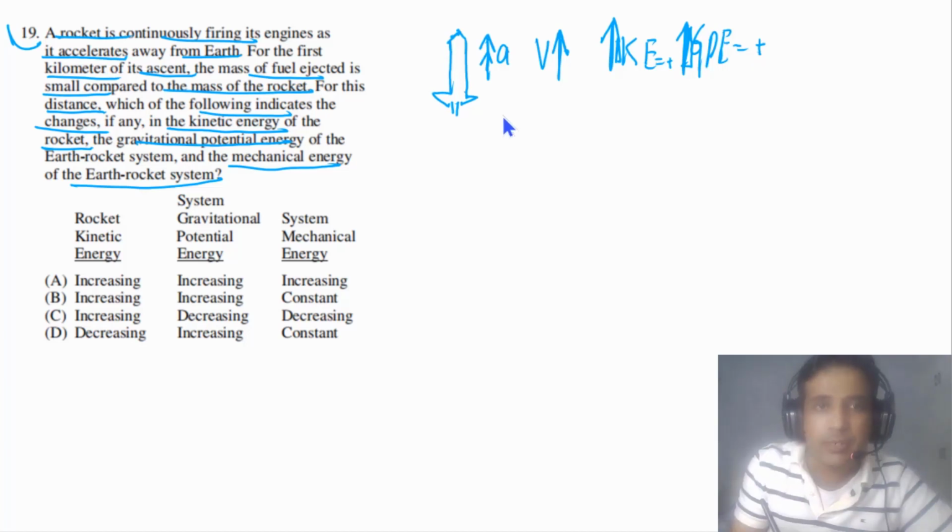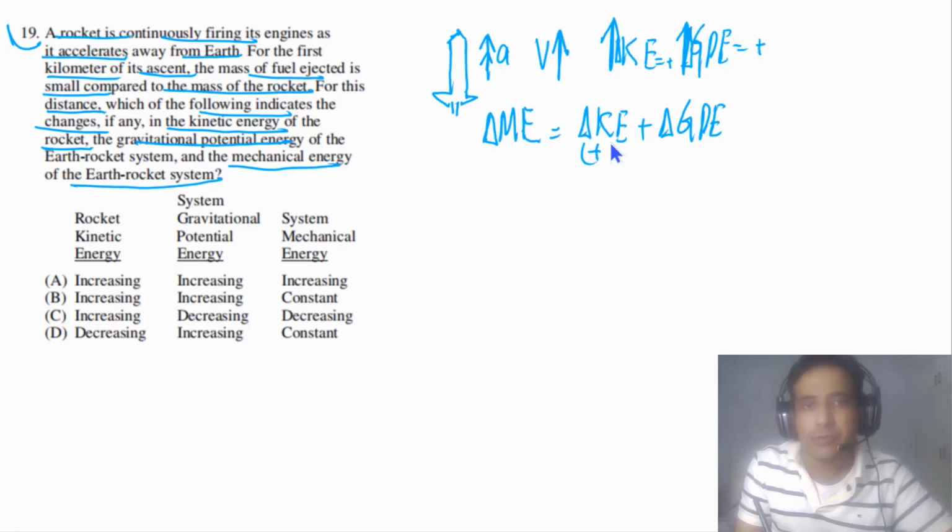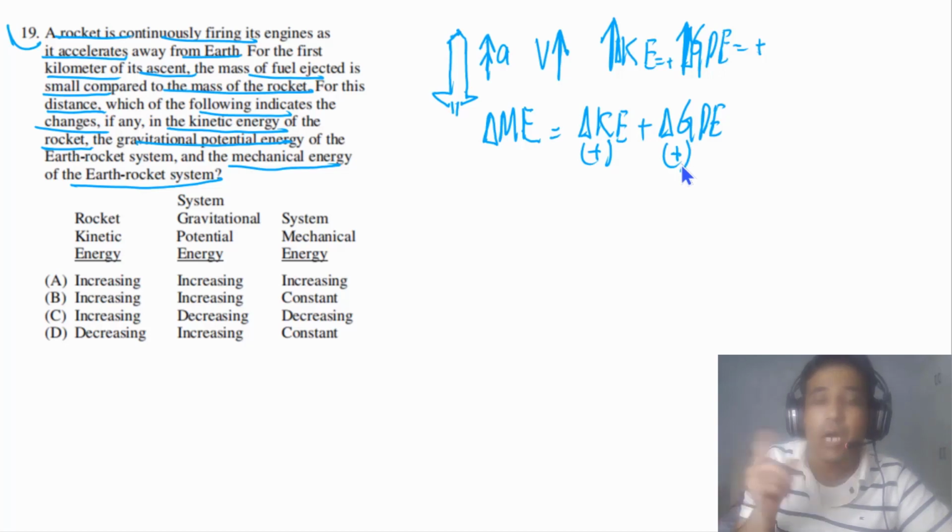Now we need to understand mechanical energy, ME. Mechanical energy is the sum of kinetic energy and gravitational potential energy. As this sum is positive, means change in kinetic energy is positive, and change in GPE is also positive.